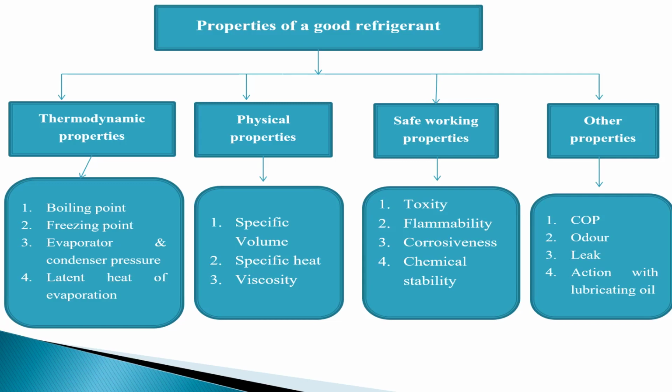There, it should not corrode the material. So it should be less corrosive. Then it should be chemically stable, because it has to work at varying temperatures. It should work at very low temperature, minus 20, minus 30 degree. Then high temperature like 80, 90 degree. In the temperature range, it should be chemically stable.